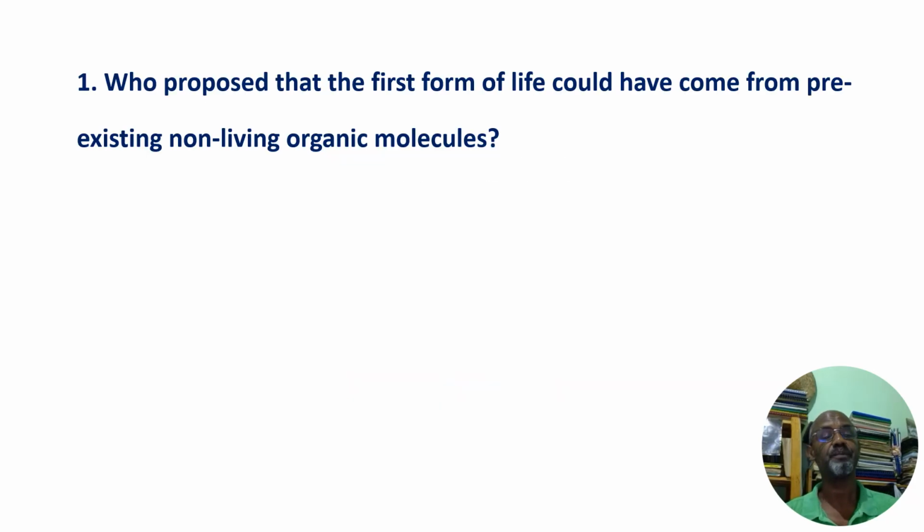The first question: who proposed that the first form of life could have come from pre-existing non-living organic molecules? Of course, that is the organic theory of evolution as far as origin of life is concerned, also known as biochemical evolution or origin.